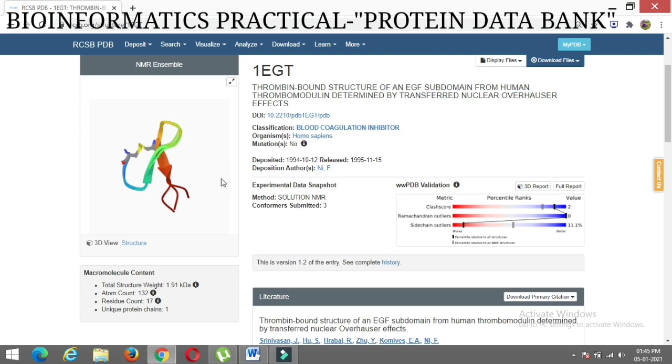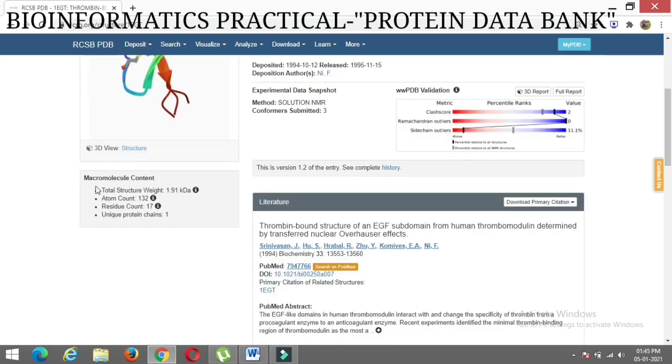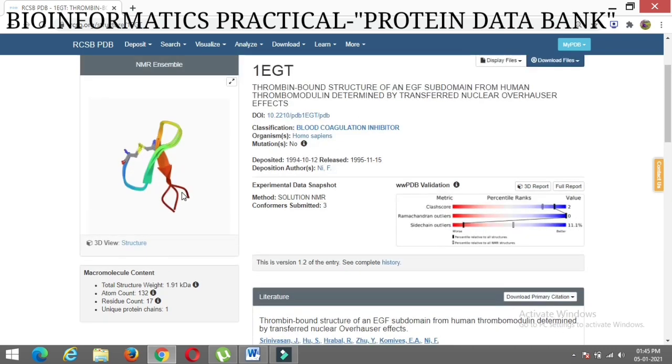Now look at the macromolecular count. This human thrombin protein contains 132 atoms and 17 residues, and it contains one unique protein chain. Its molecular weight is 1.91 kilodaltons.